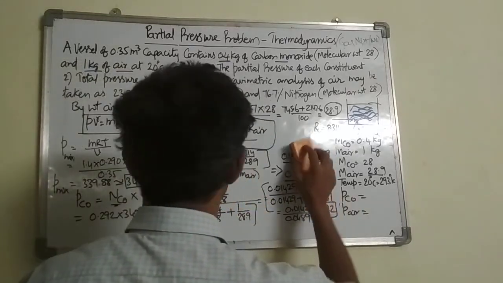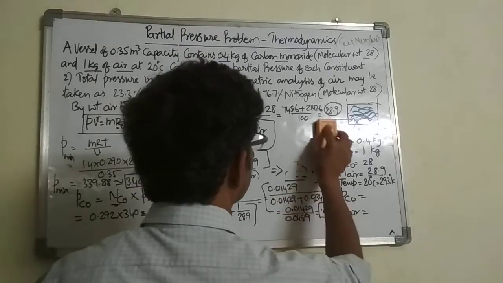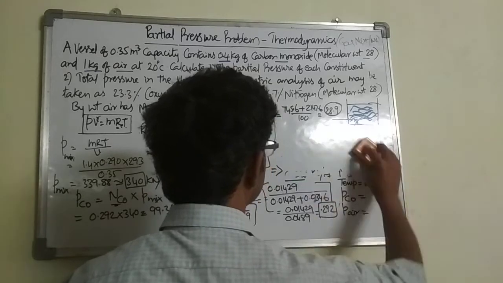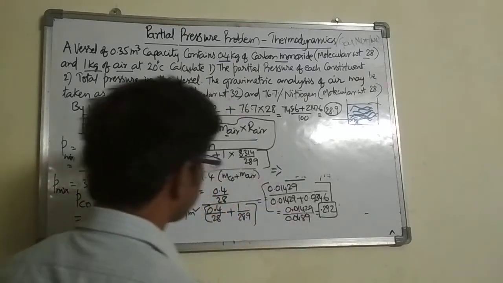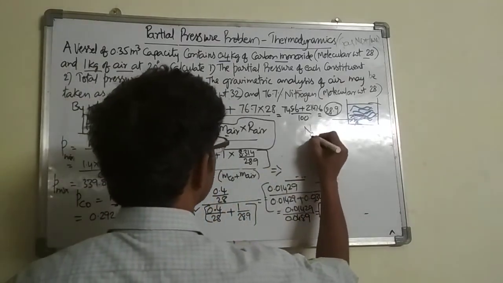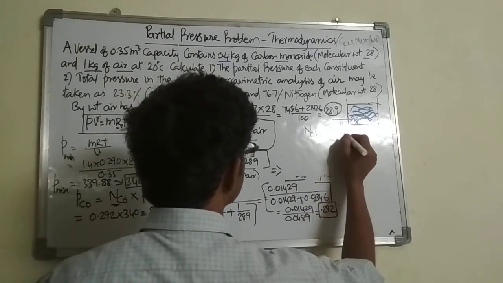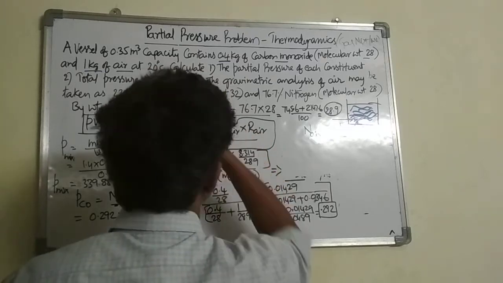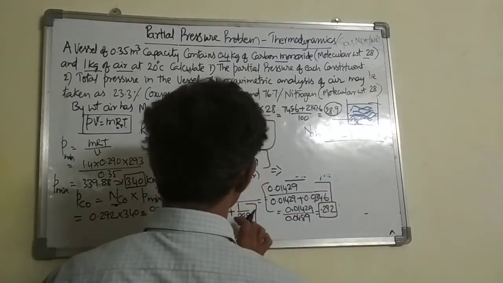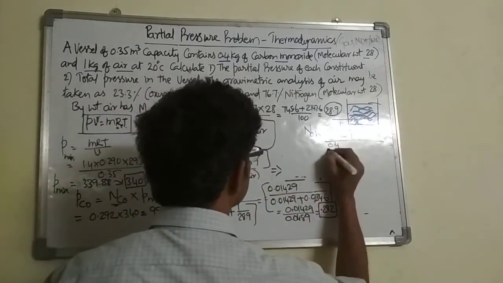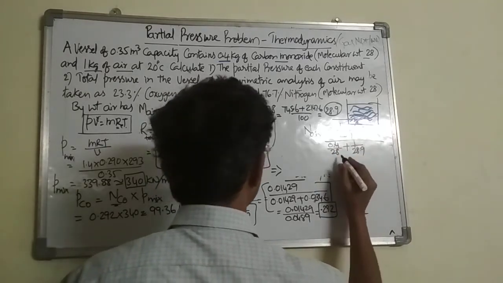In order to do that, again we have to find out the mole fraction of air in the mixture. So for that we can calculate this way: mole fraction of air is equal to N of air, the number of moles of air, that is, 1 is the mass of this air and molecular weight is 28.9. Same thing, the denominator will be the same: 0.4 divided by 28 plus 1 by 28.9.